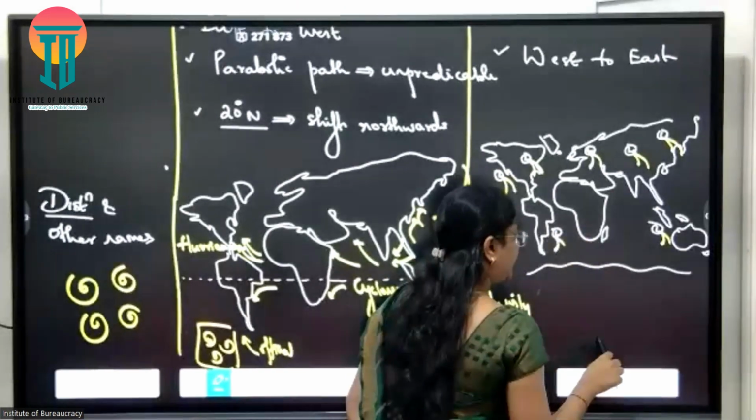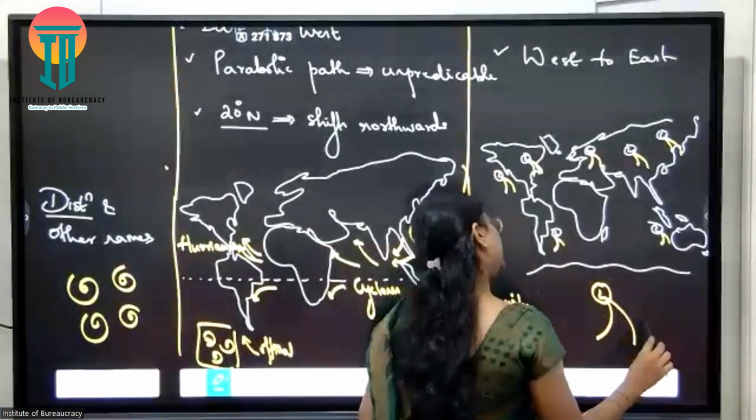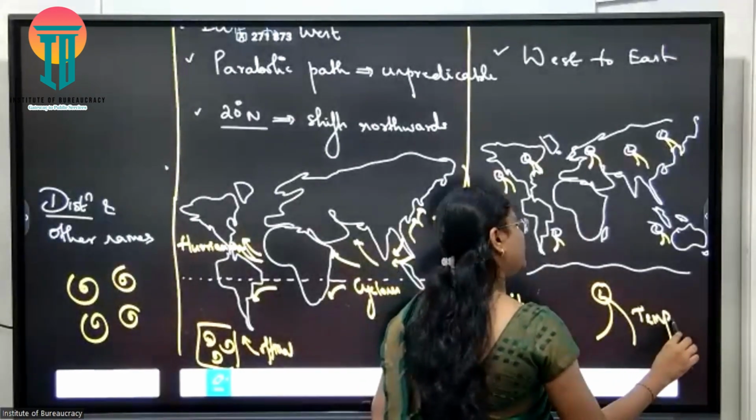So how do we represent? We represent like an inverted V with a low pressure. This is how we represent a temperate cyclone.